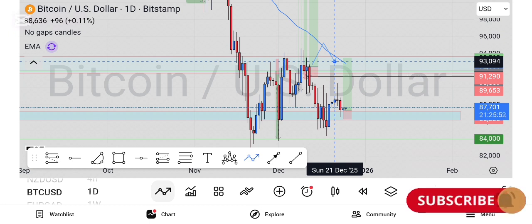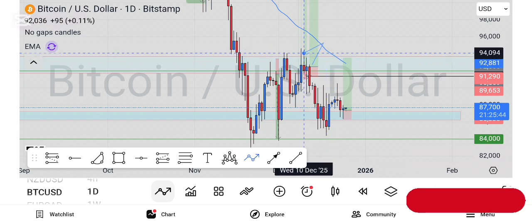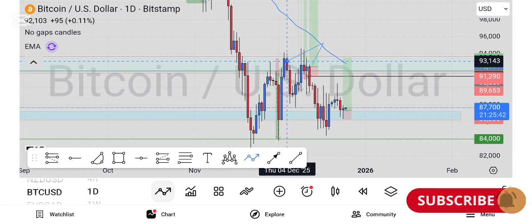But if we notice, we didn't have the break. The market didn't close above this resistance. The market rejected the resistance, and I didn't notice, I took the trade and I got stopped out.